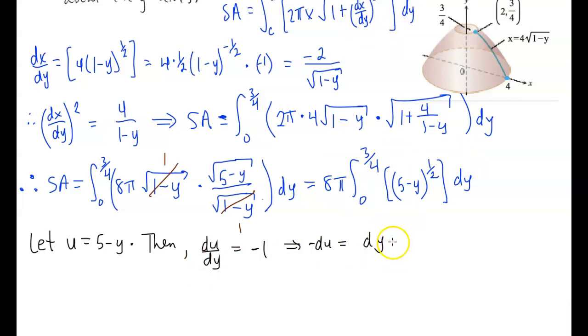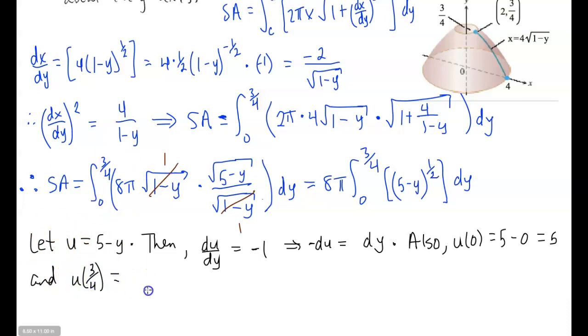Also, since we already know what u is, we could go ahead and figure out what u of 0 and u of 3/4 would be. And so u of 0 would just be 5 minus 0, which is 5. And we'll say that u of 3/4 will just be 5 minus 3/4.